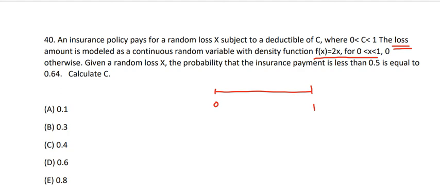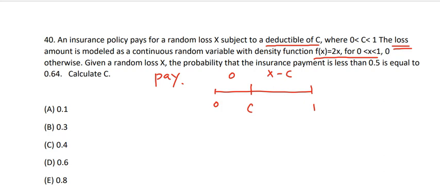What we want to do is set a deductible, suppose C. Once we set a deductible, this means the payment between 0 and C, you pay 0. When the loss is larger than C, you should pay C, and the company will pay X minus C. So this is what the company pays.